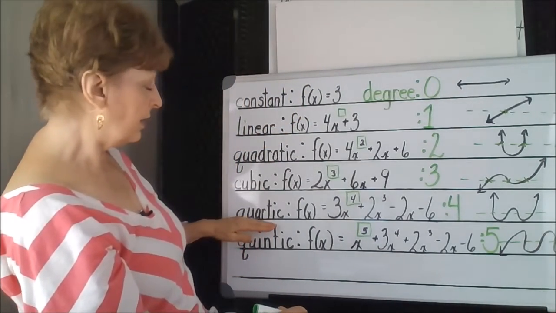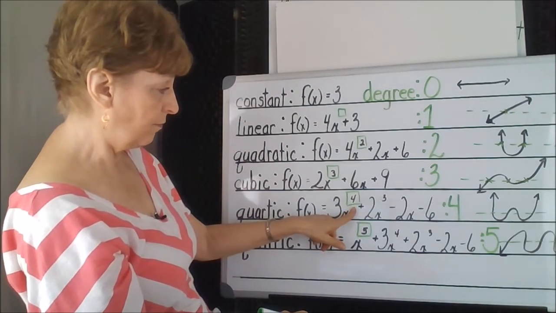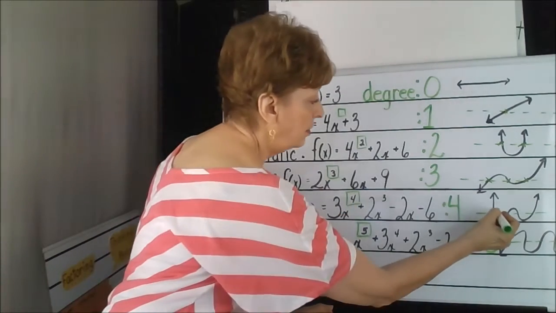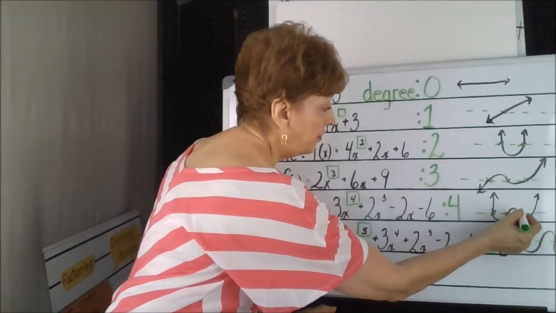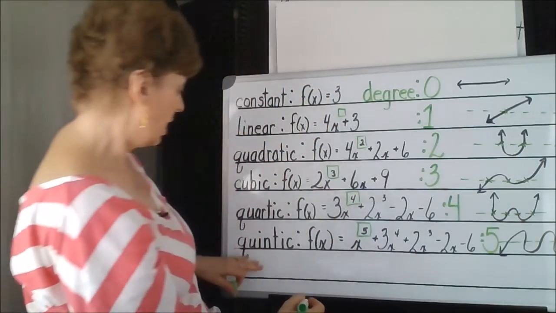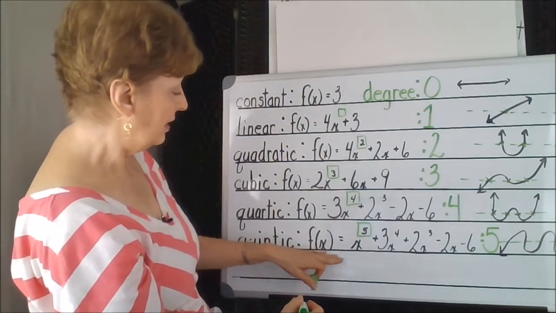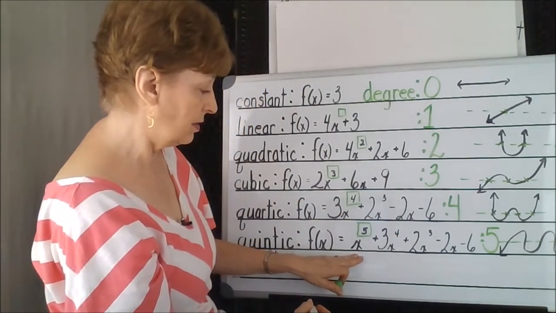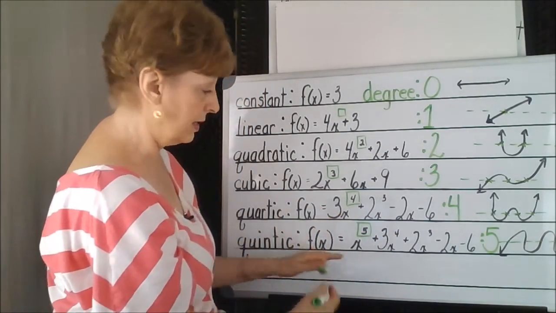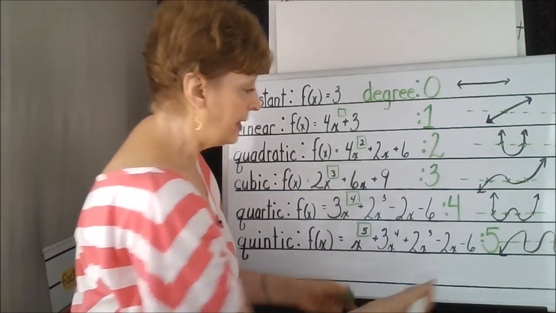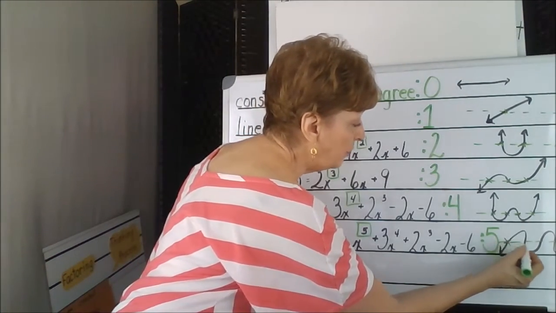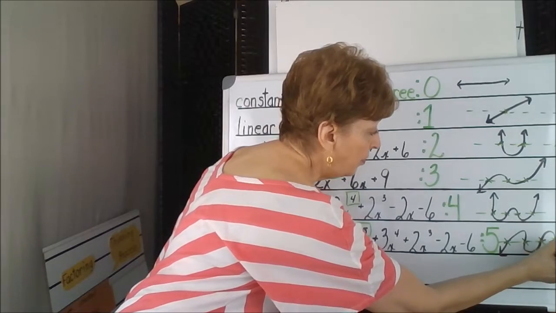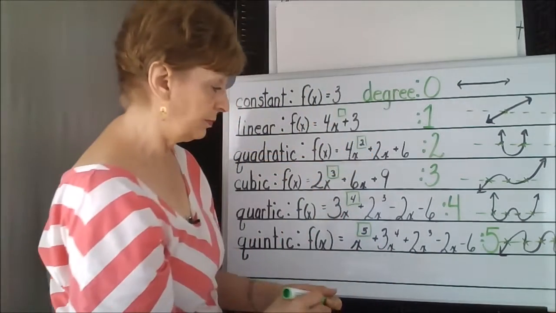A quartic is a 4 hit. 1, 2, 3, 4. A quintic has a 5th degree term as the highest degree, and that potentially can hit 1, 2, 3, 4, and 5 times.